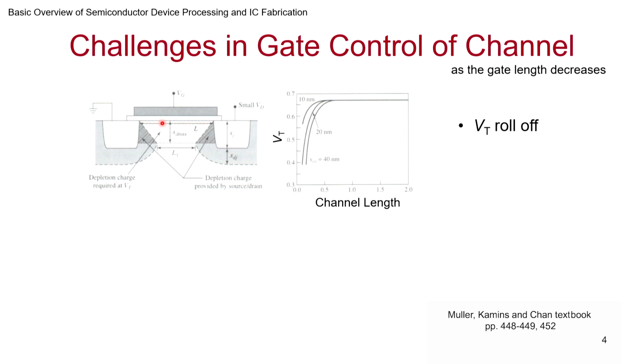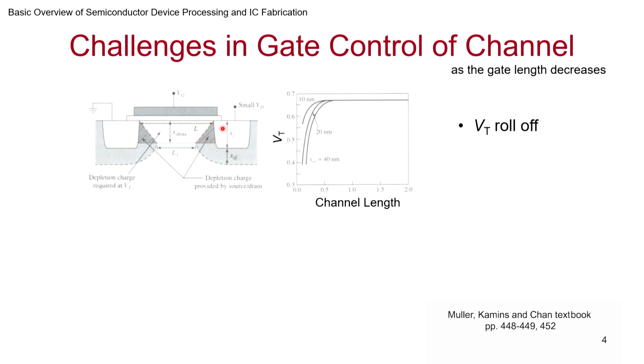But it turns out, while you want to control the region underneath, there are lots of extraneous voltage sources and supplies and potentials which can affect what is happening under the channel. One of them, of course, is the drain. Similarly, source usually is benign because it's at a fixed voltage. In an N MOSFET, usually it is ground, but you could always find an intermediate transistor where the source could also be non-zero. But essentially what it means is the drain voltage can end up affecting the channel here.